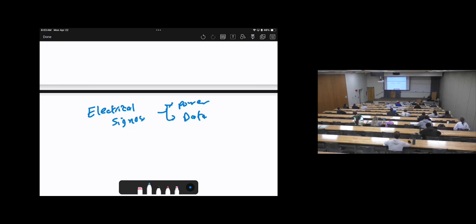All of them are related to what we call power, which is the energy or the electricity.